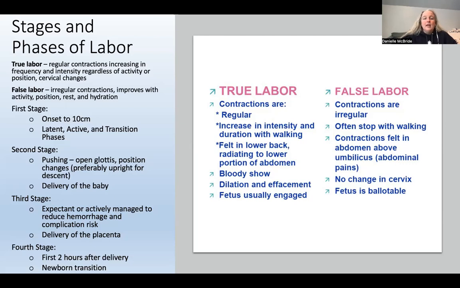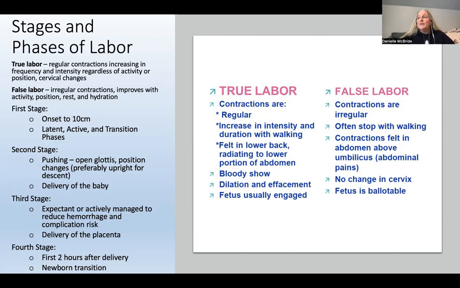One of them is the magic answer. How do I know? Is their cervix changing? There are other things that can be clues. If her contractions are regular, if they're getting stronger when she does things, if I send her walking and her contractions are getting stronger and more frequent, that's a pretty good indicator, because usually false labor contractions are irregular and they space out if I send her for a walk.